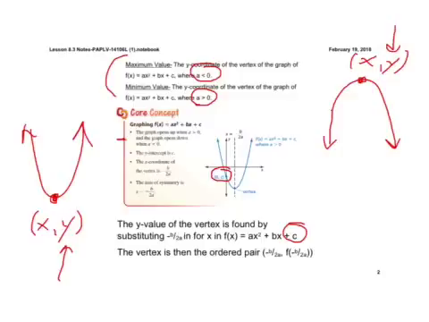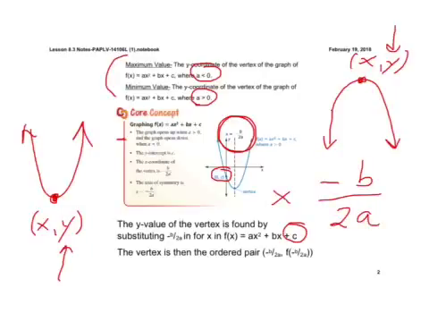The x-coordinate of the vertex. Now this is what we're going to be using a lot today. So right here, the x-coordinate of my vertex, when the equation is given to us in the form ax squared plus bx plus c, the x value is always found by taking the opposite of b divided by 2 times the value of a.